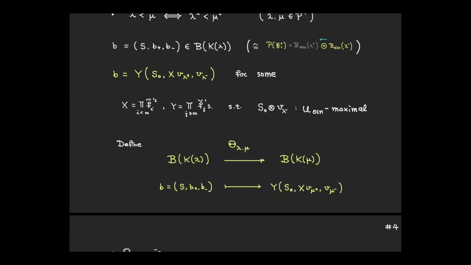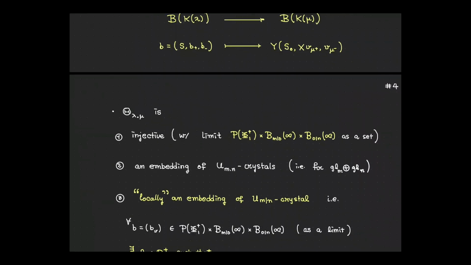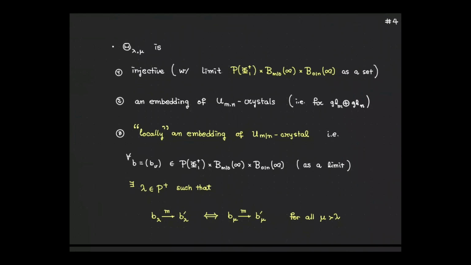So we consider the directed system using these maps theta. Then we can check easily that this map is injective as a set, and its limit is those products. And of course, it's easy to check that there's an embedding of UMN crystal, that means the crystal for the even part.